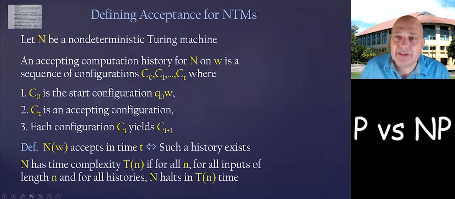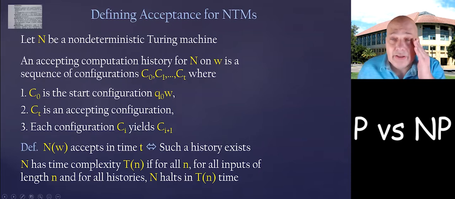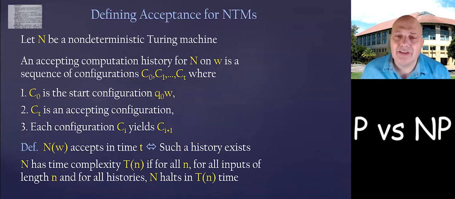N has time complexity T of n if for all inputs of length n, and for all histories, N halts in T of n time. Now, we are in the world of decidable languages, so we want the non-deterministic Turing machine to halt always. So all histories are going to be short.